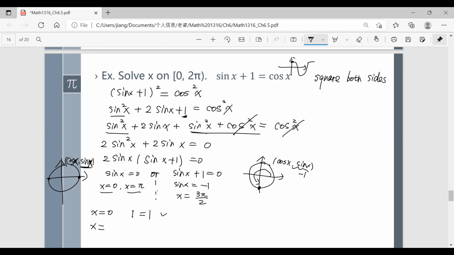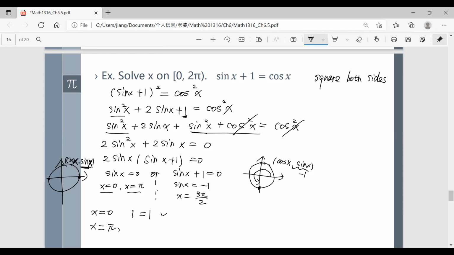How about x equals pi? So sine pi, what is sine pi? Sine pi is 0. Why? Because pi is here. Sine pi, that's y's value, is 0.